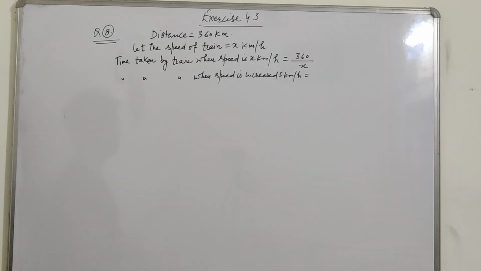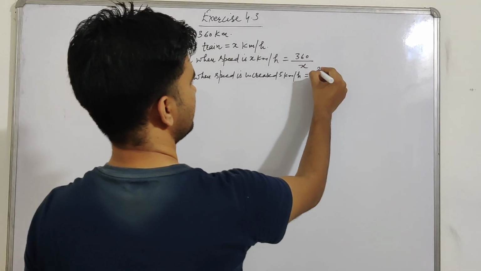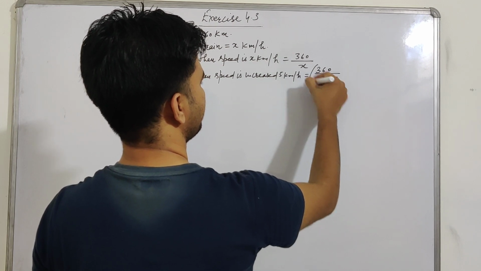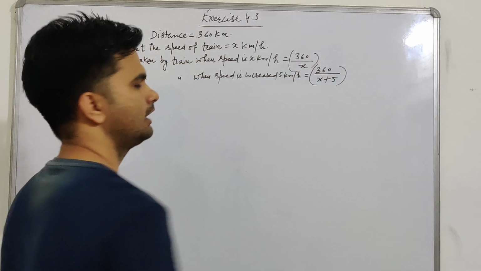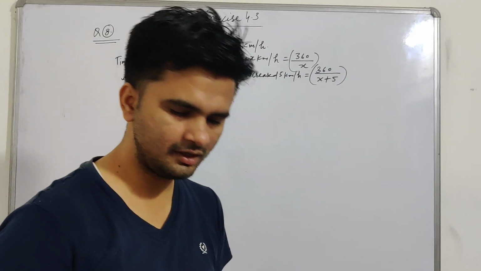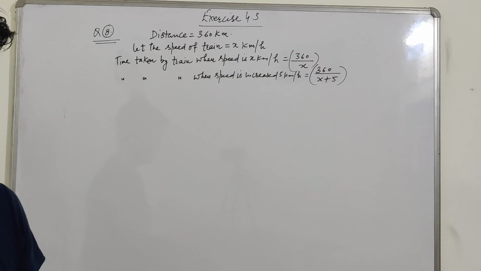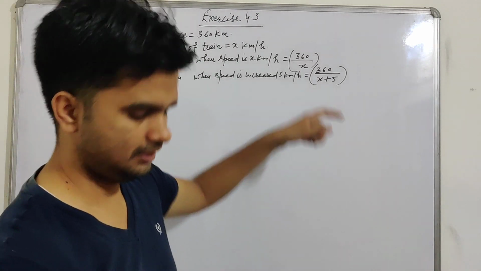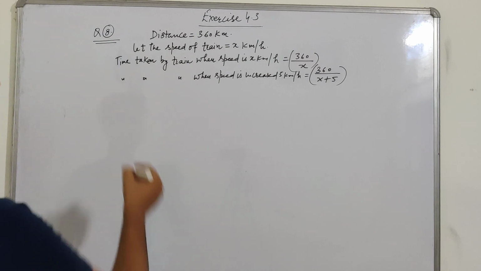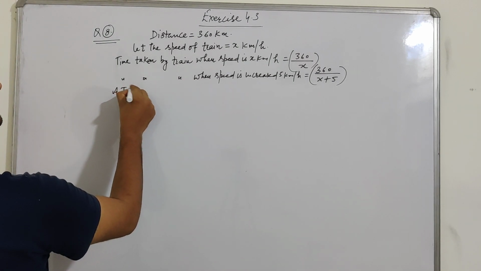Now the speed is x plus 5 kilometer per hour, so 360 upon x plus 5 is the time. If the speed is increased then it will take less time. So it is given in the question it takes 1 hour less for the same journey. Now move according to the question.